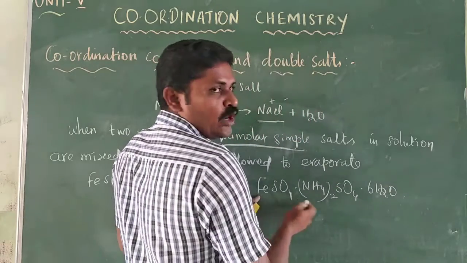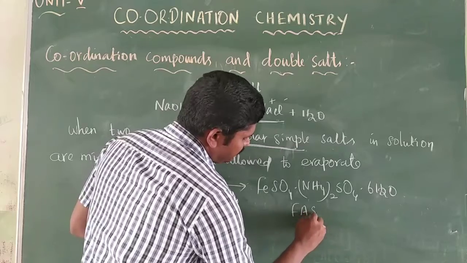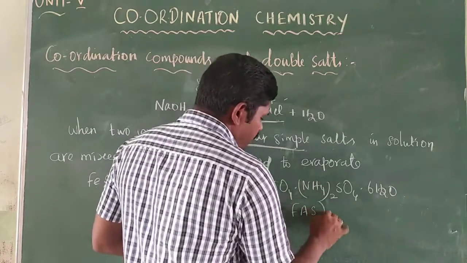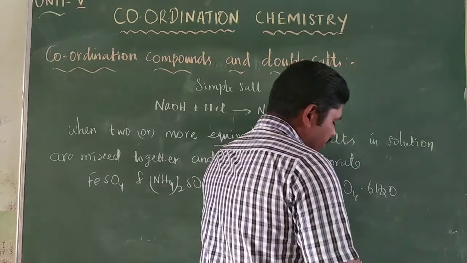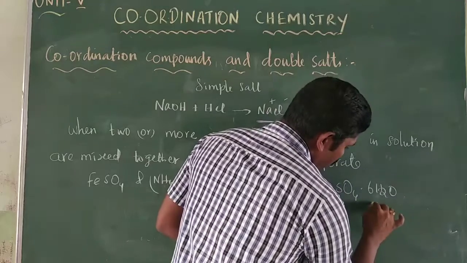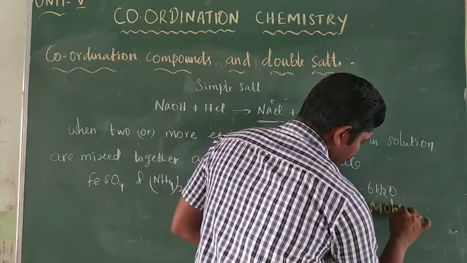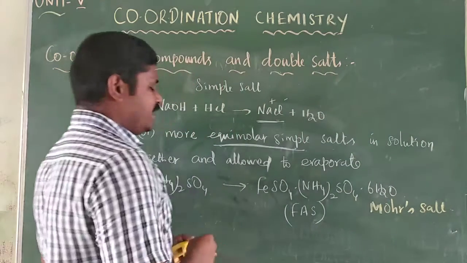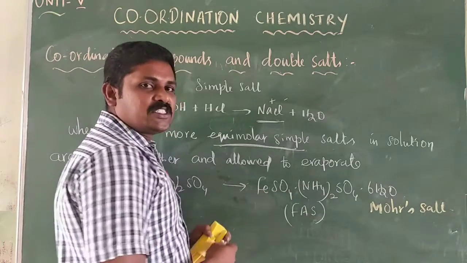So ferrous ammonium sulfate is a crystalline salt. Another name is Mohr's salt, named after the scientist Mohr. Mohr's salt is a double salt.